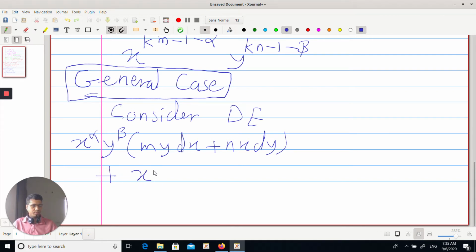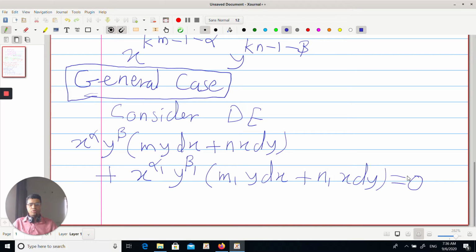x raised to alpha 1 y raised to beta 1 into m1 y dx plus n1 x dy equal to 0. Here we have two factors.